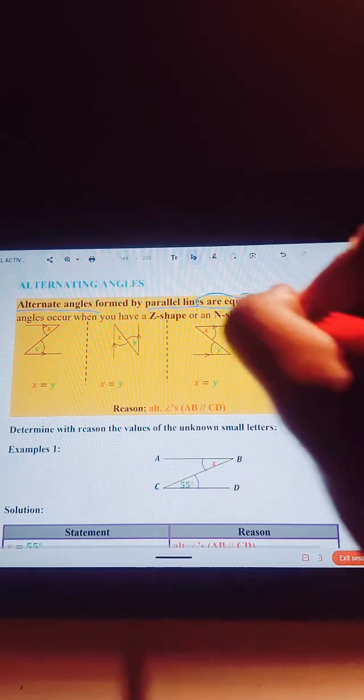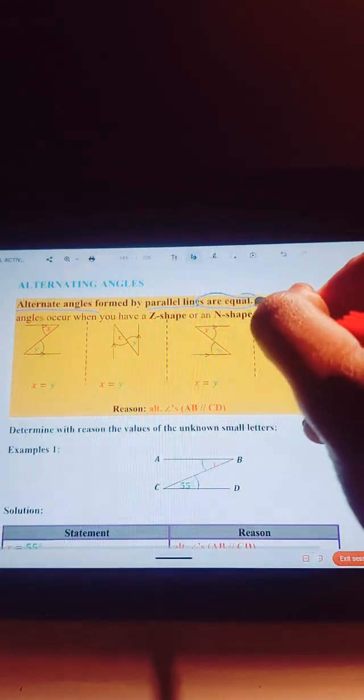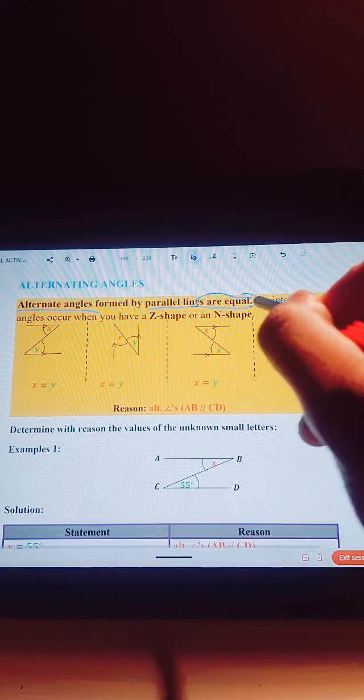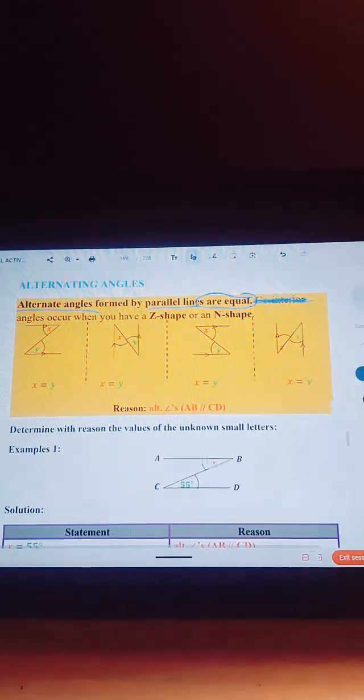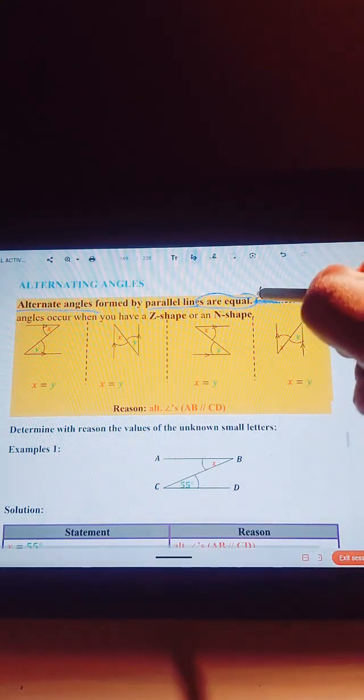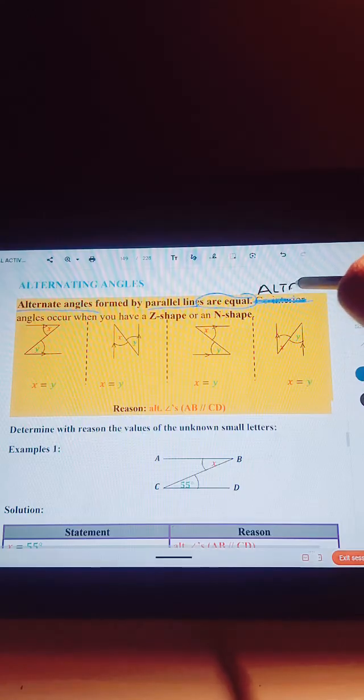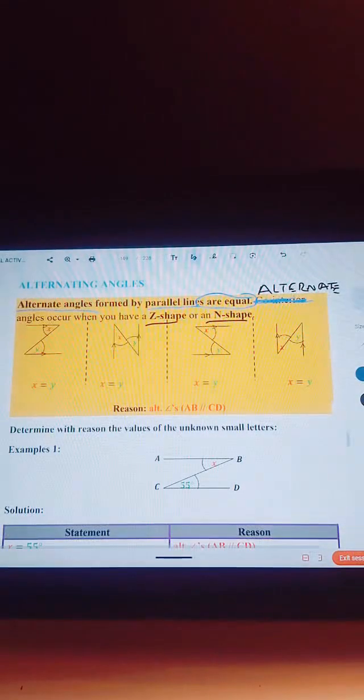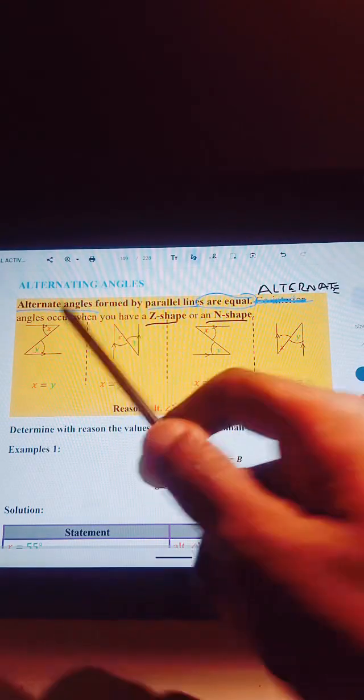Then they meant to say here alternate, not co-interior. So alternate angles occur when you have a what? A Z shape or an N shape. Okay, I hope that makes sense.